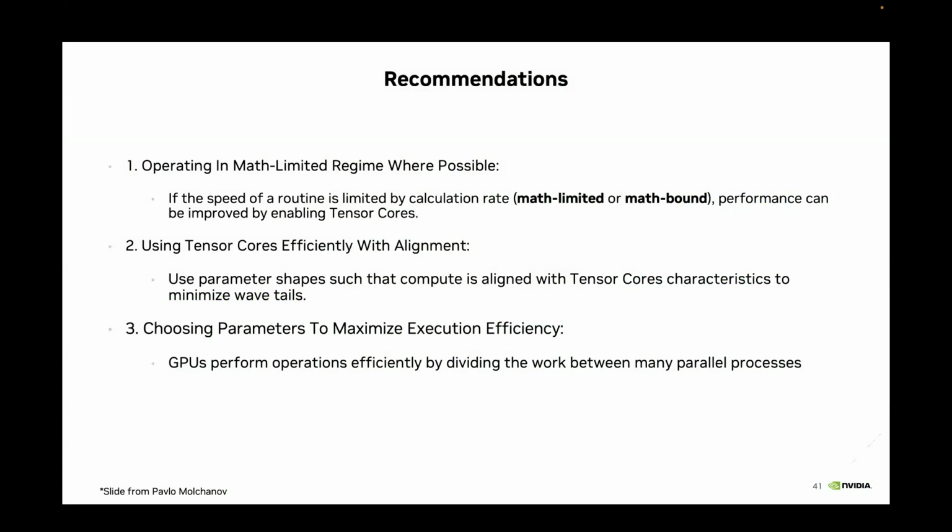Use a piece of the system that is more efficient at the compute, that gives you more compute per time. Make sure that your shapes match what the tensor cores want. Don't give the tensor cores inefficient shapes. Choose parameters to maximize the efficiency. Divide the work between parallel processes if necessary, parallel GPUs, and figure out how to divide it with numbers that match what the hardware is expecting.